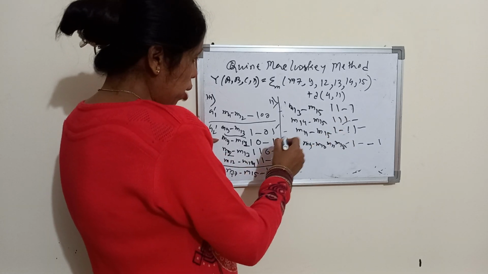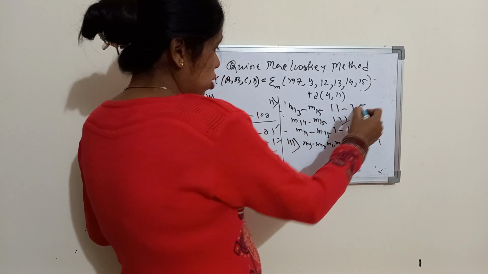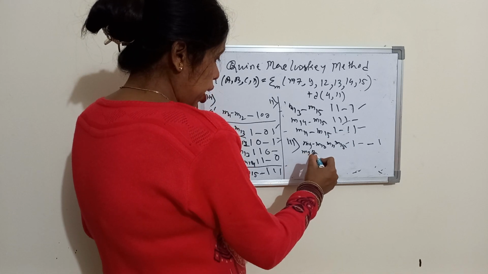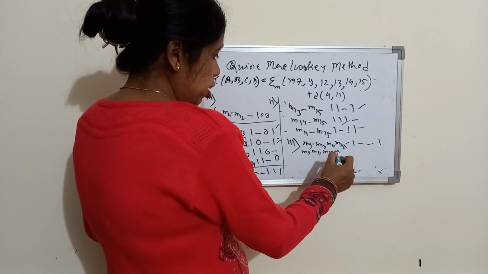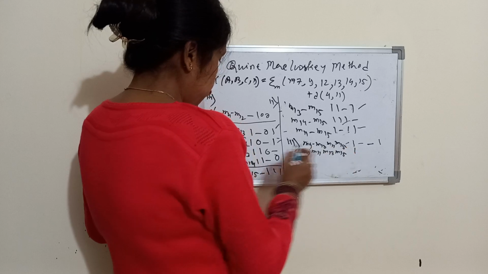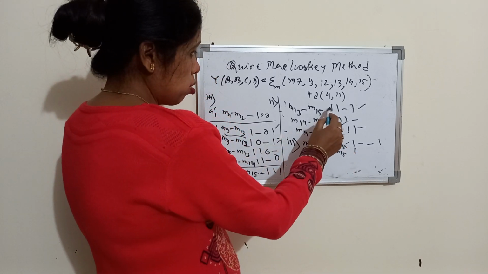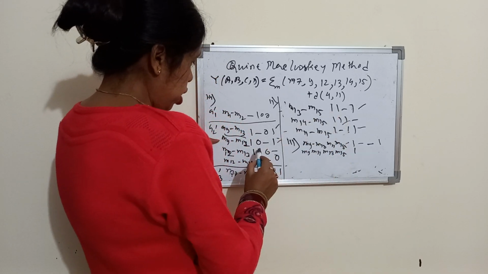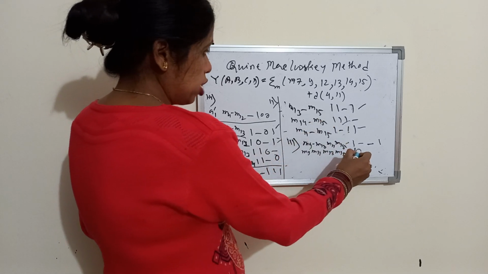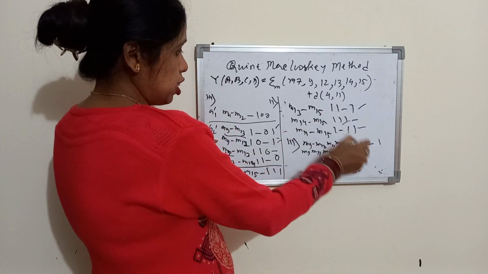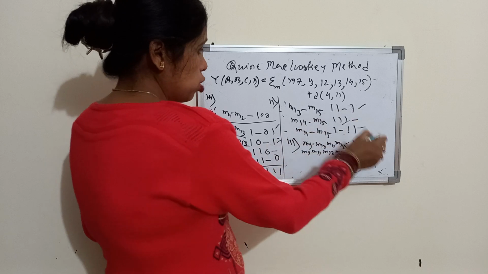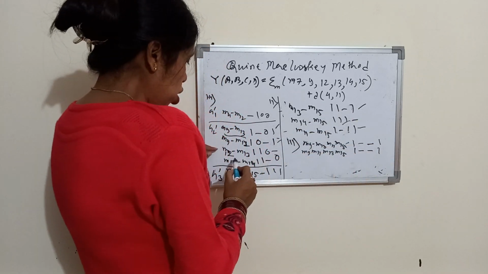So M9, M11 is compared with M13, M9, M11, M13 and 15. You can see the same 1, 1. Here it is 0, 0 means I have to put a dash. Here it is dash, dash means dash, 1 means 1.